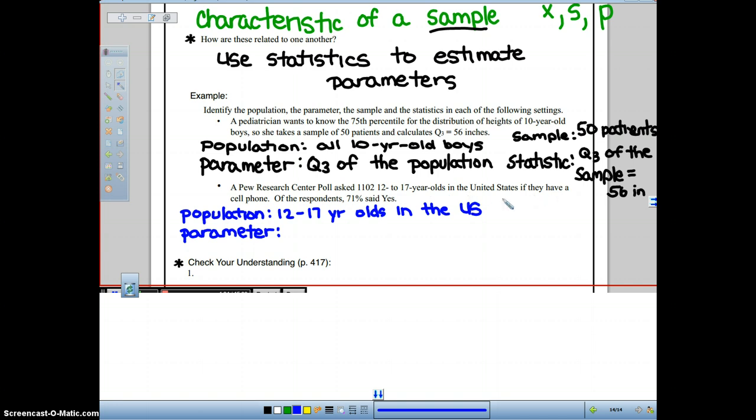Basically, they're asking them if they have a cell phone or not, and then here it gives us a clue because it said 71% said yes. Well, we don't have a way to represent percents, but proportions are the same thing. So we're looking for the proportion. And if we say that's P, that tells us it's a population proportion because this is the symbol for population, of 12 to 17-year-olds who have a cell phone.